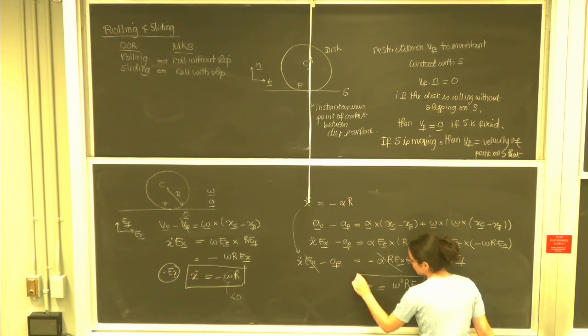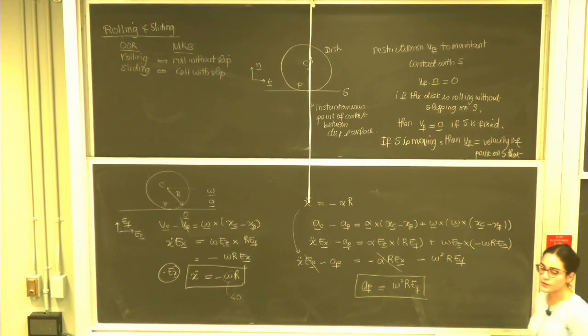Ap will be vertical. So that's the acceleration of the material point that is located at point P at this instant. Any questions?